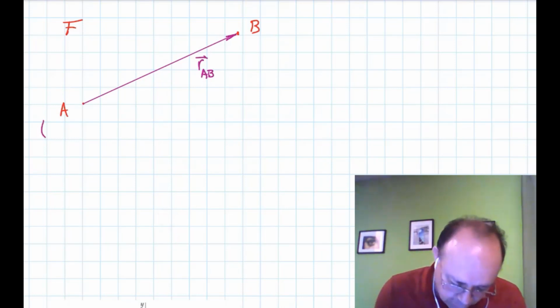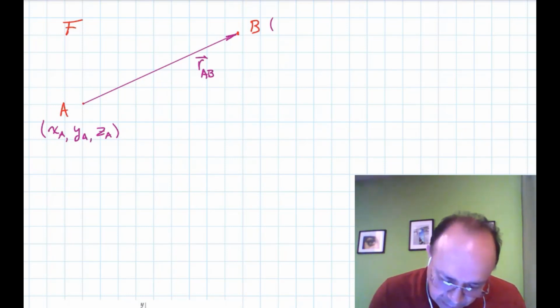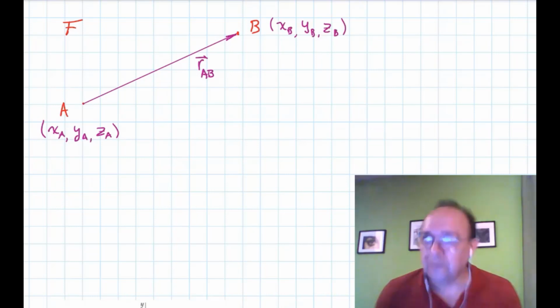Let's say coordinates of point A are XA, YA, ZA. Coordinates of point B are XB, YB, ZB.